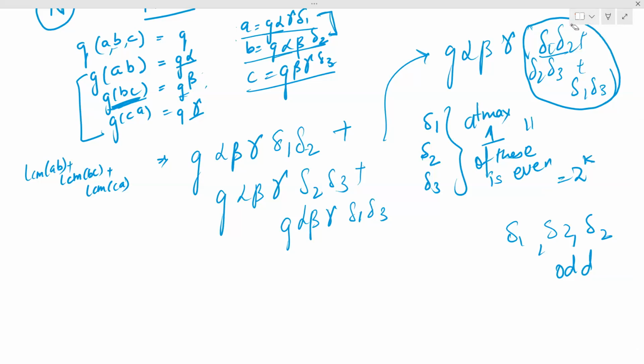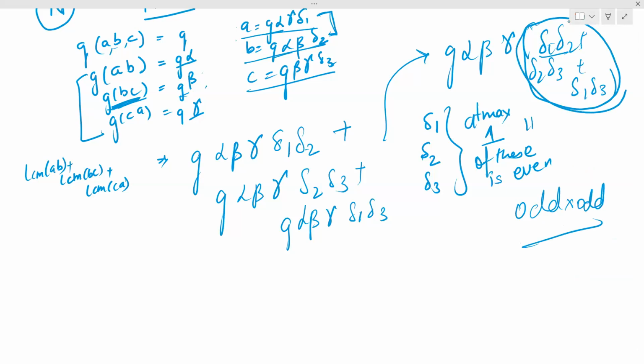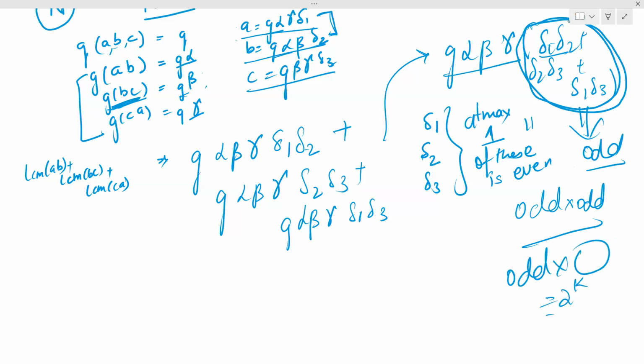So what is odd multiplied by odd? Odd into odd is always odd. So this complete thing will be odd, right? So you have odd multiplied with something. So odd multiplied with something can never be equal to 2 to the power k. So that's why you can never get an n which is something like 2 to the power k.